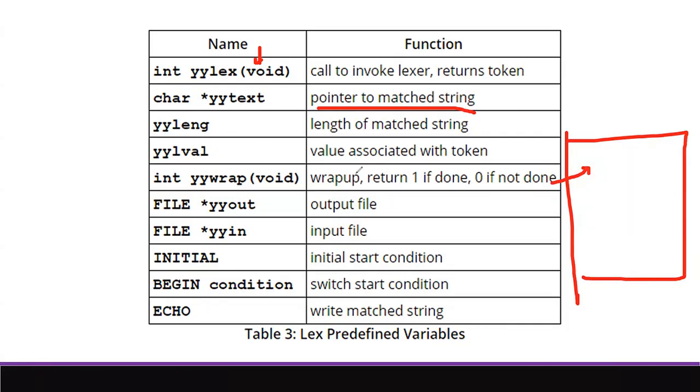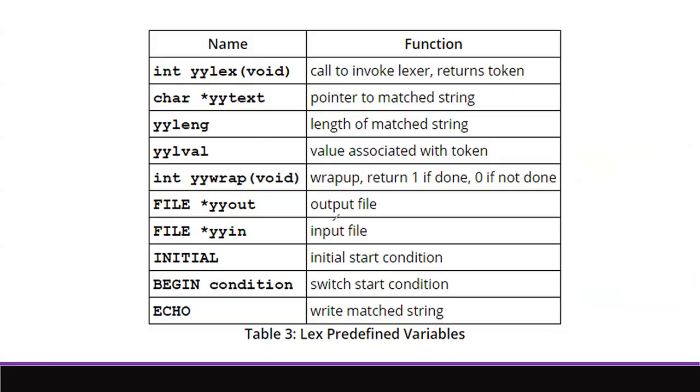And YYLeng means the length of the matched string. YYLval means the value associated with the token. YYWrap returning 0 or 1 means whether you wrap or not. And then you have the input file and output file called YYIn and YYOut. That's a file name. Okay, and then you have the initial section, beginning section, and ECHO.